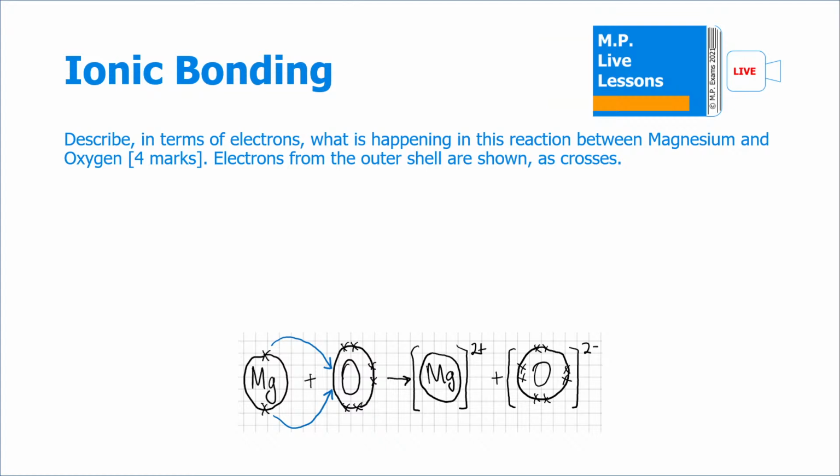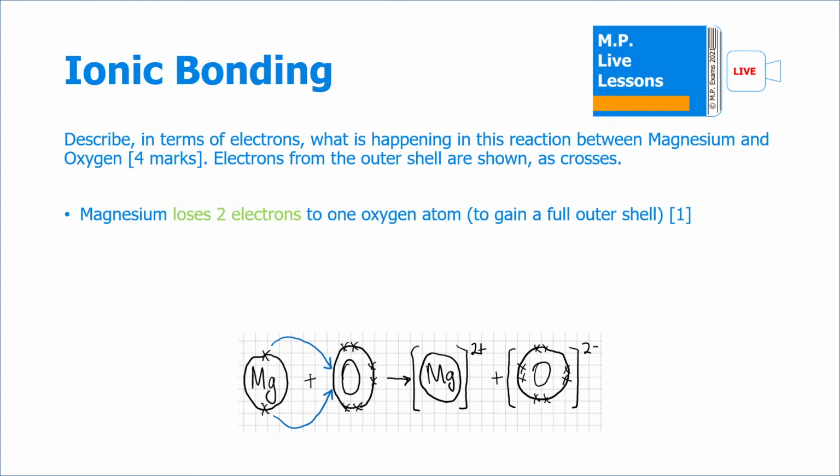Now, how this question commonly is marked is you talk about each atom, how it starts or reacts, and then what ion it becomes. So the first mark, we'll talk about magnesium. So magnesium loses 2 electrons from its outer shell, and you can say it loses them to 1 oxygen atom, and you can say why it loses those 2 electrons.